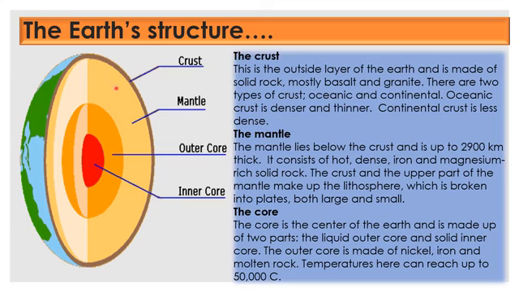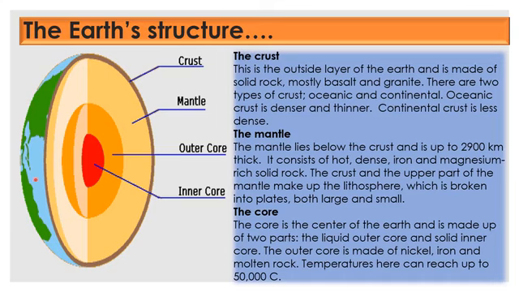The crust, or the outermost layer of the earth, you can see in brown color and also in green and blue color. This is the outside layer of the earth and is made up of solid rock, mostly basalt and granite. There are two types of crust: oceanic and continental.